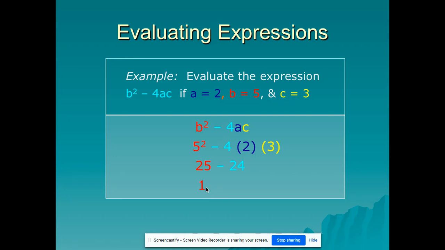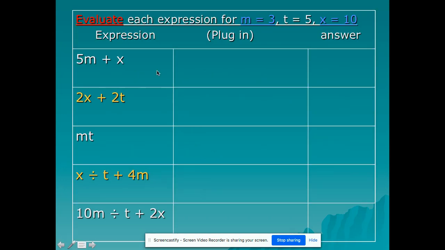Let's go over a few more examples. In these, we have 5 different examples. It says evaluate each expression for m equals 3, t equals 5, and x equals 10. In our first one, we have 5m plus x.